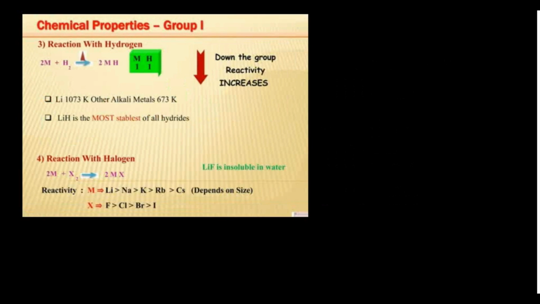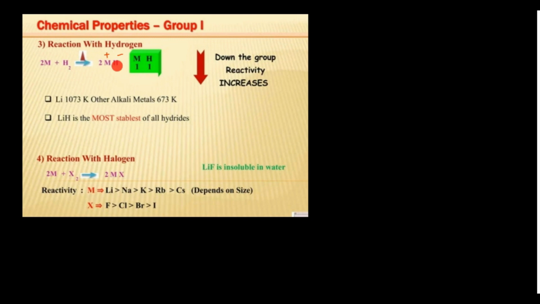And my next property is reaction with the hydrogen. So your alkali metals, when they react with the hydrogen, right, see, that means if you take the mixture of the alkali metal along with the hydrogen and heat them together, it results in the metal hydride, right? Why metal hydride? Because your hydrogen is in negative oxidation state and metal is always positive.